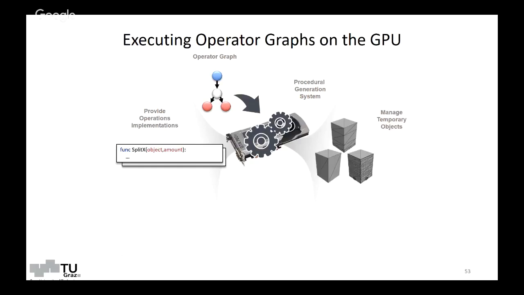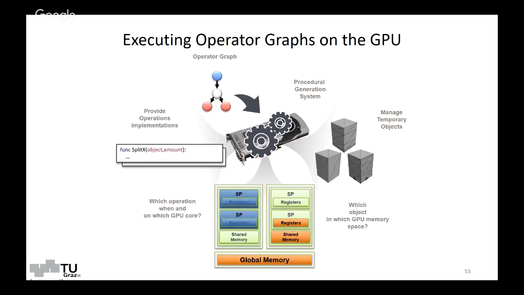And the idea is that we have a couple of options. So we can, first of all, decide where and when we're going to execute which operations, and also where we store intermediate objects and shapes. And the storage can either be in registers or in shared memory, which is on the multiprocessor, or in global memory.